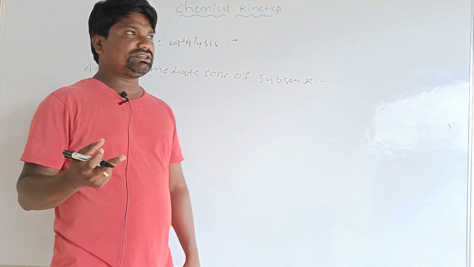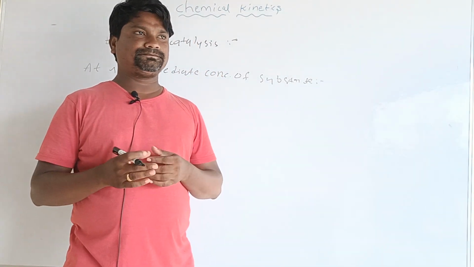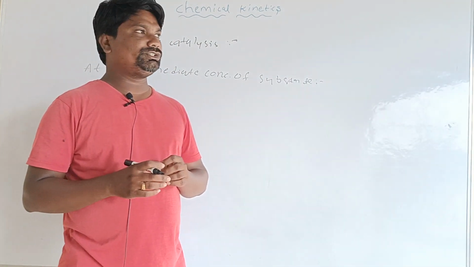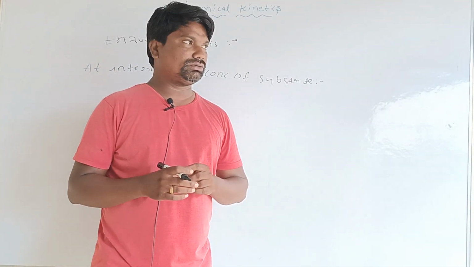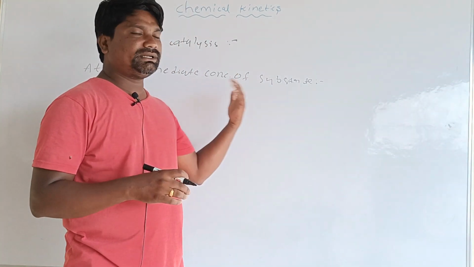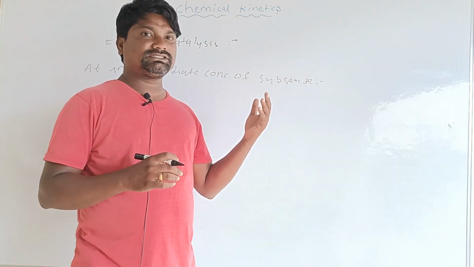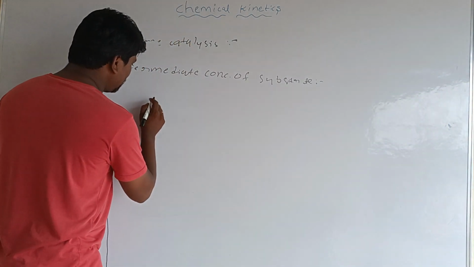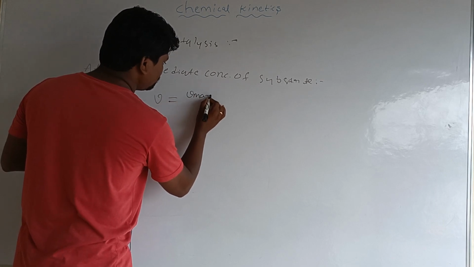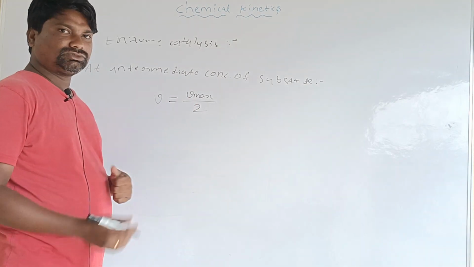At intermediate concentration of the substrate is nothing but 50% of the rate. Means mu is equal to mu maximum by 2. Maximum rate means 100%, but here 50%. Intermediate means half of the rate of reaction. Means here mu is equal to mu maximum by 2.